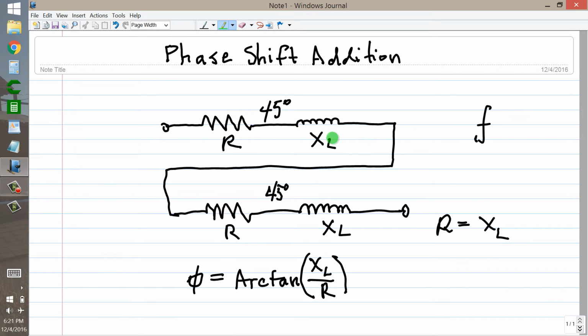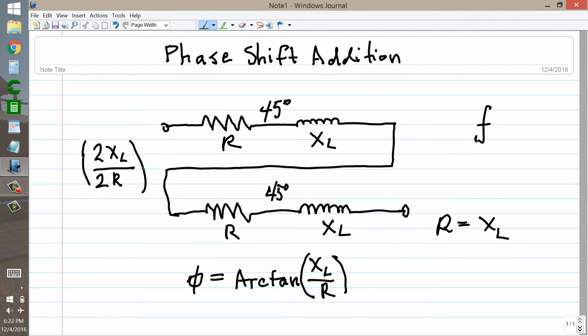But the fact is that phase shifts do not add simply like that. Because, remember, resistances in series add directly together. Inductive reactances in series also add directly together. So what we're really going to end up with here is 2 times the inductive reactance divided by 2 times the resistance.